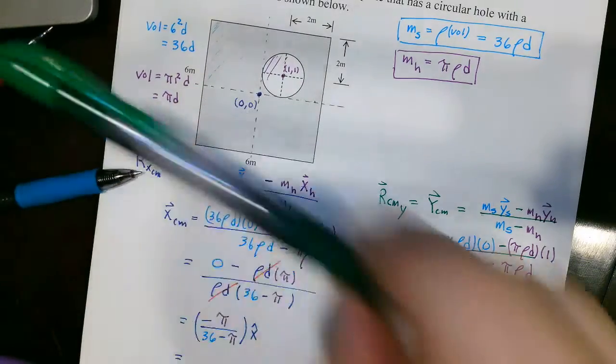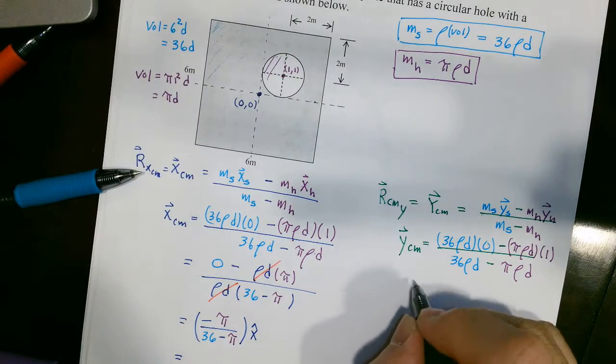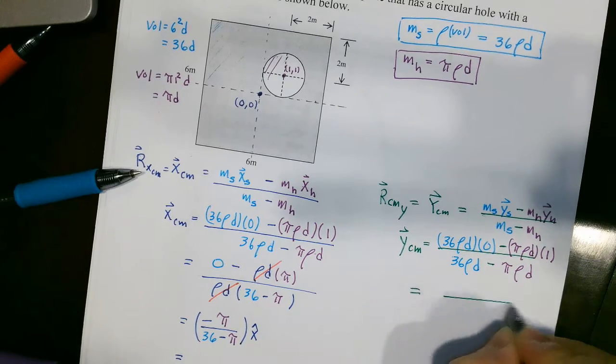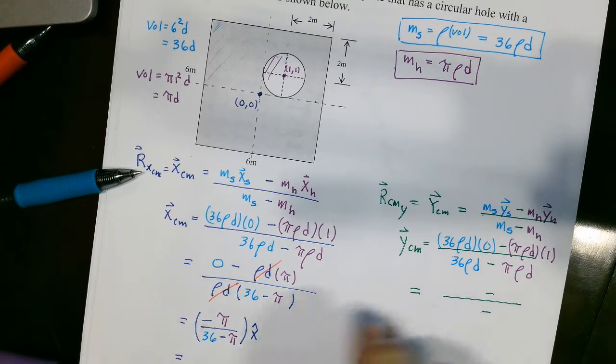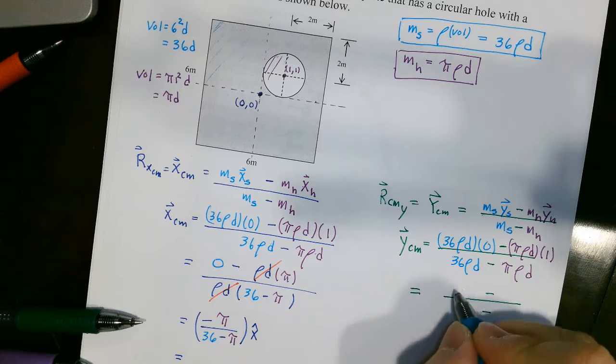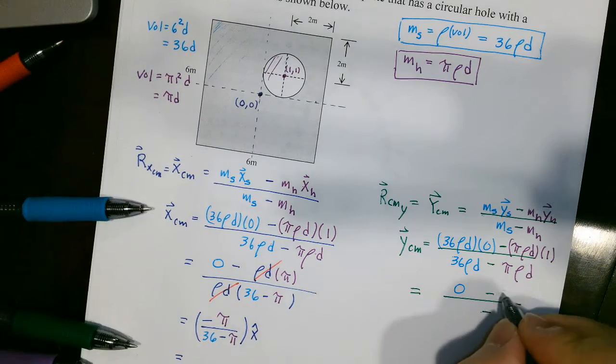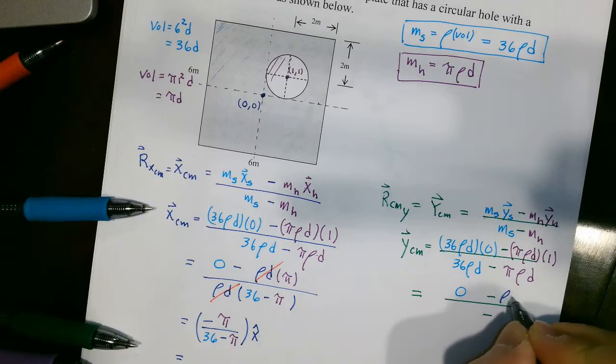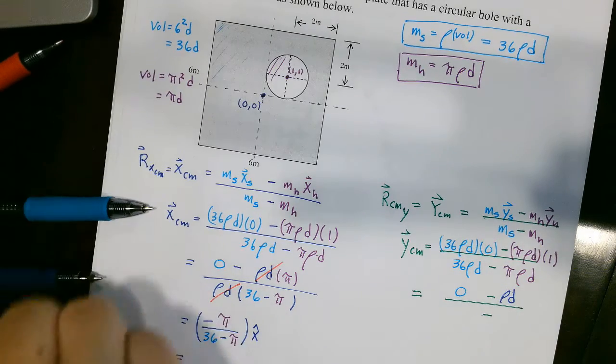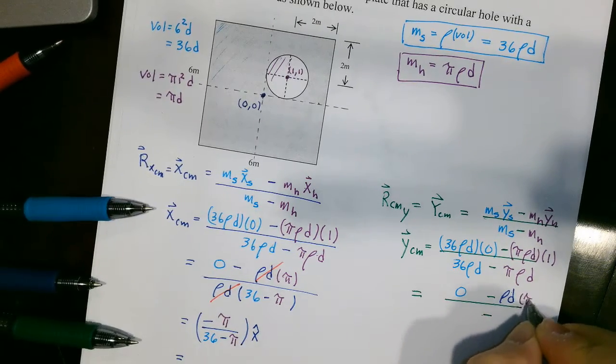So you can see, due to symmetry, right, you could see that this will go to 0, right? And you can factor out the pi rho d again, right? So you're going to get pi here.